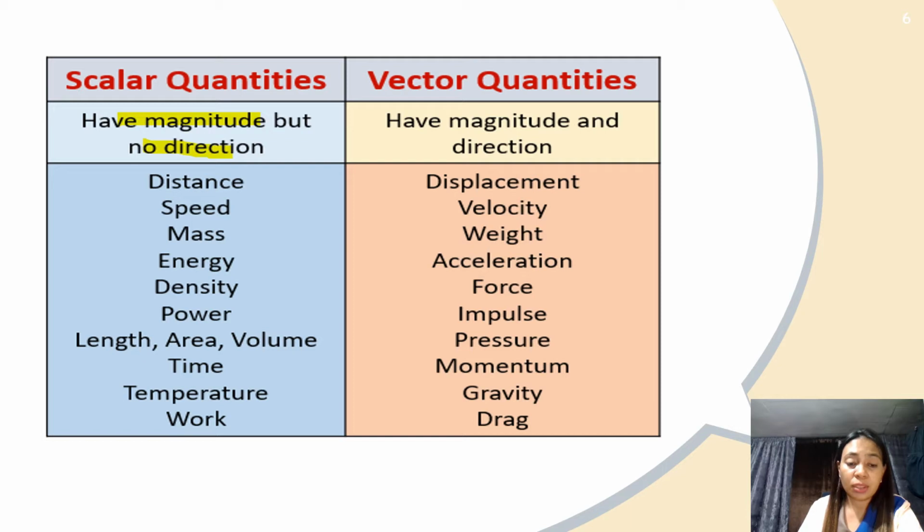Examples are distance, speed, mass, energy, density, power, length, area, volume, time, temperature, and work. Vector quantities have both magnitude and direction. Examples are displacement, velocity, weight, acceleration, force, impulse, pressure, momentum, gravity, and drag. Drag is a type of force.